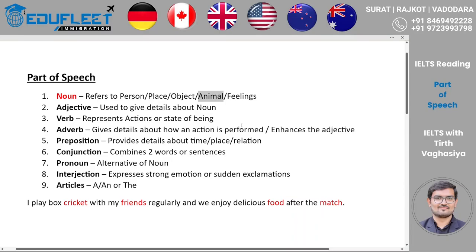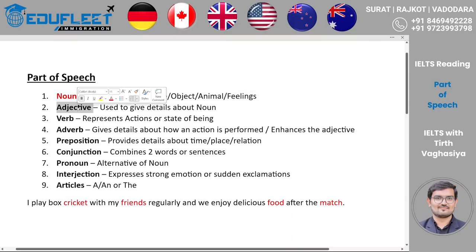If we talk about animal, there is no animal in this line, but cat, dog, cow, all of these would be considered under animal. We have feelings as well. So happy, sad, overjoyed. The terms that are used to define those feelings are also part of the noun. By this, I hope you are able to understand and identify nouns.